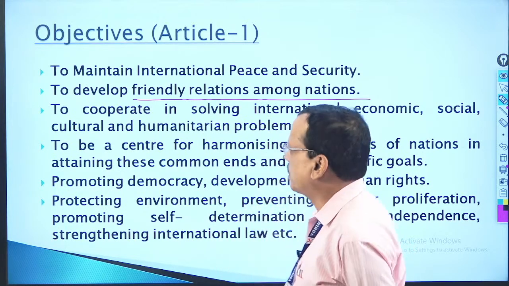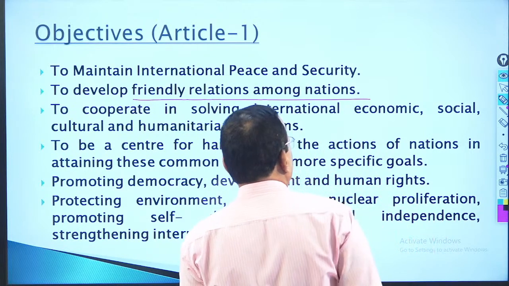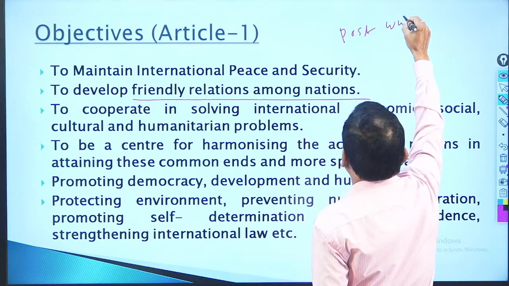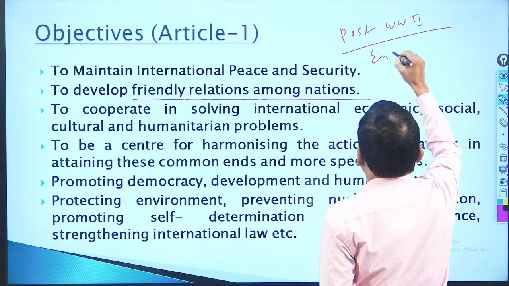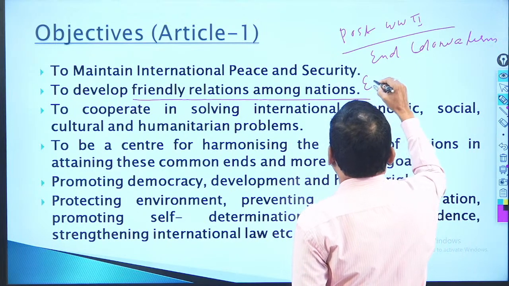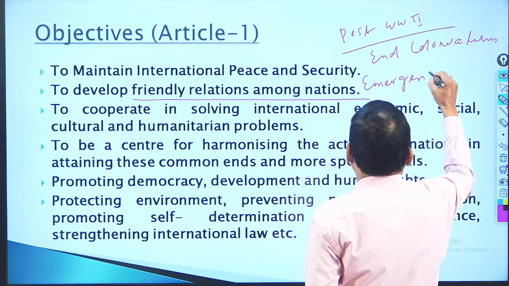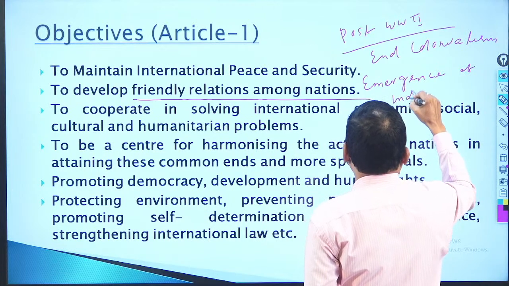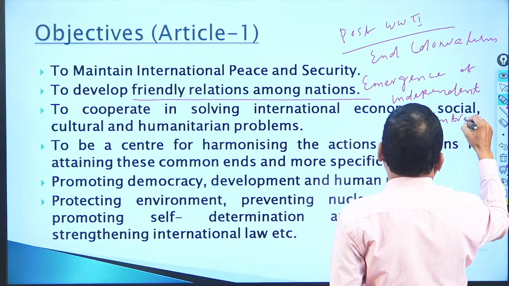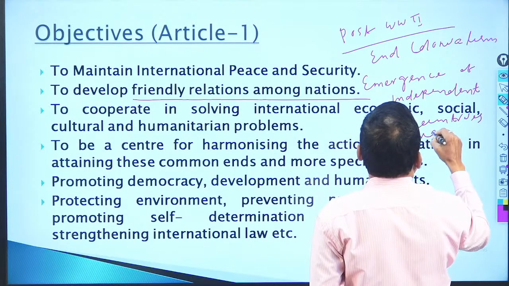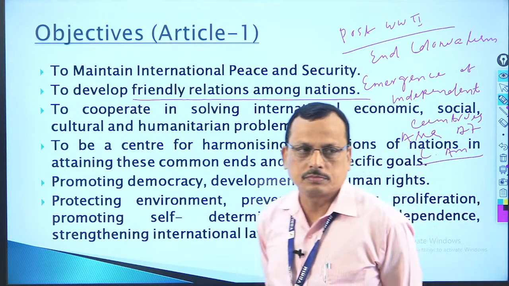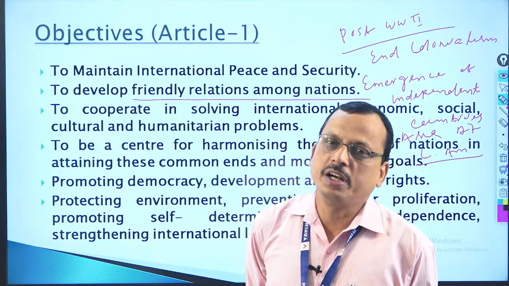The end of colonialism and the emergence of independent countries in Asia, Africa and Latin America. Hundreds of countries became independent because colonialism was given a decent burial.